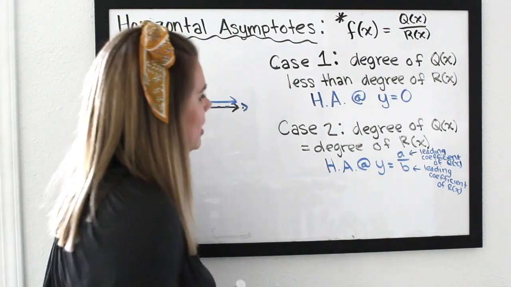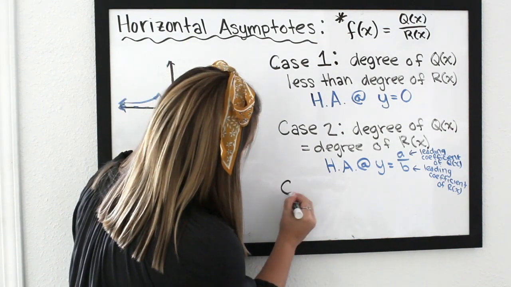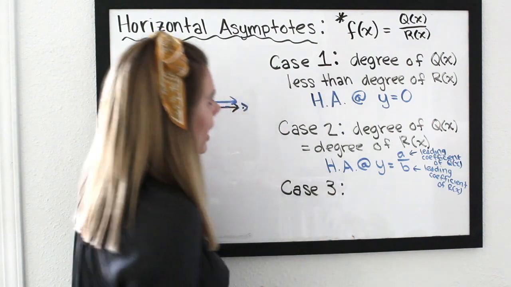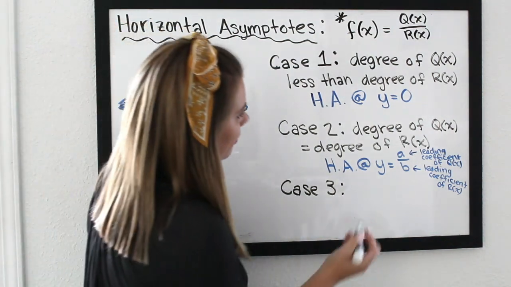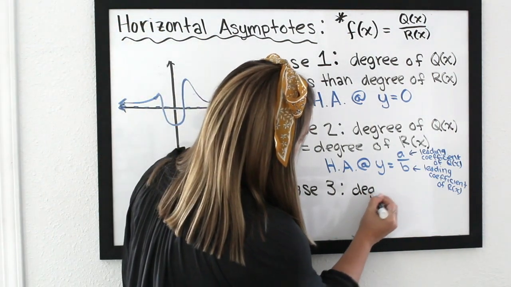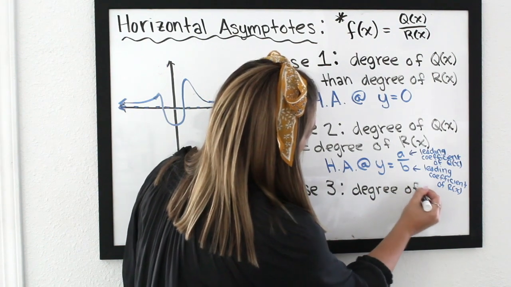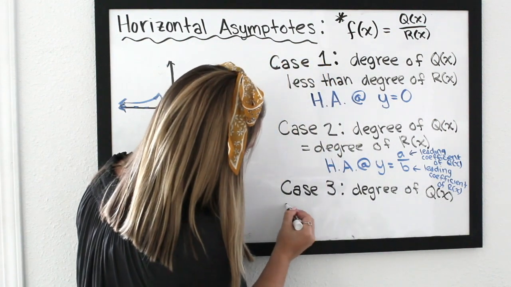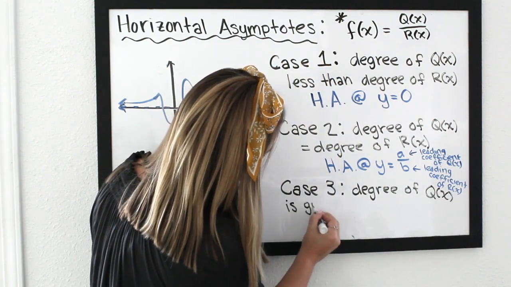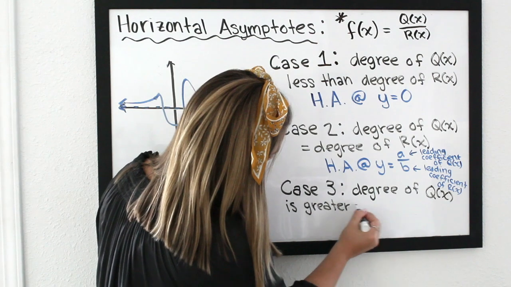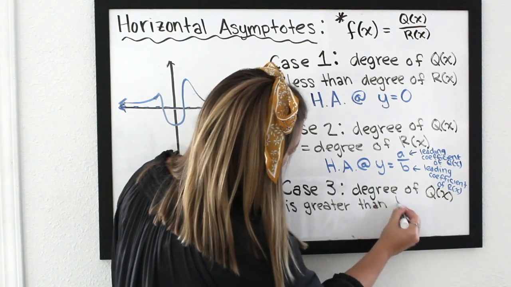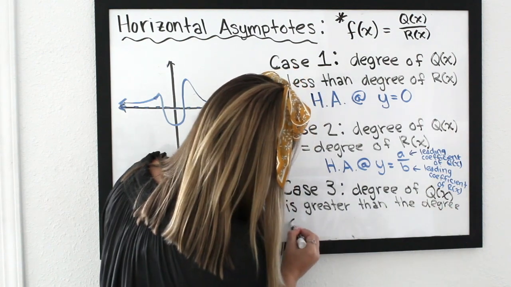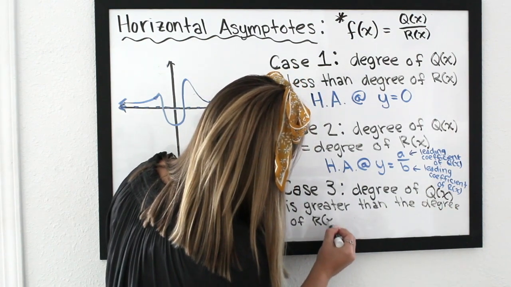Okay, so case 3 is when the degree of q of x is greater than the degree of r of x.